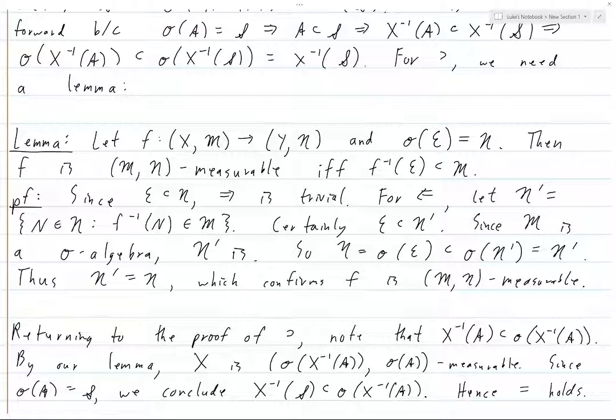What you end up with is some formula involving complements and unions of elements of X inverse of A. And so the set that you end up with is a set in the sigma algebra generated by X inverse of A. That shows you that any element in X inverse of S is actually also in sigma of X inverse of A, and that's how you prove this direction.